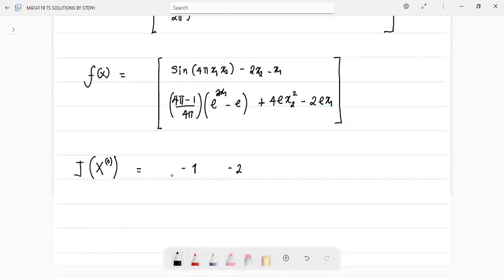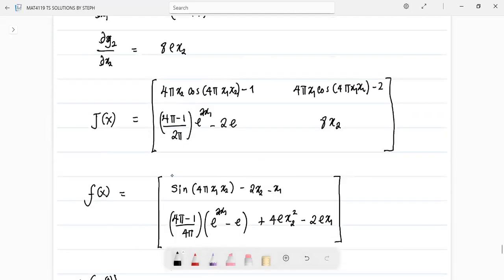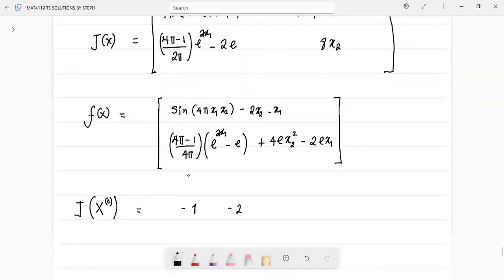The next one here, if you do the same thing, you're just left with -2, of course. Then down here you'll be left with what? If you plug in, e to the power 0 will just be 1, so we're left with 4 pi minus 1 divided by 2 pi, and then minus 2e. That gives me about negative 3.5957.